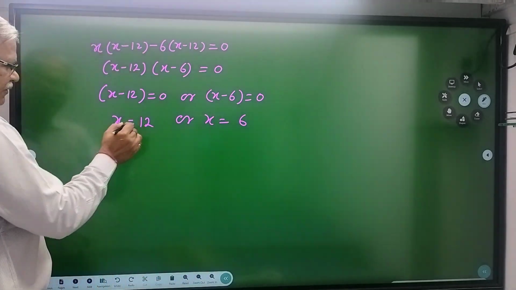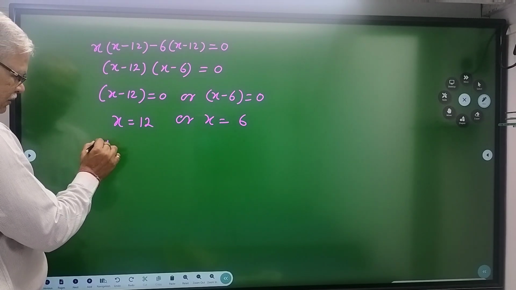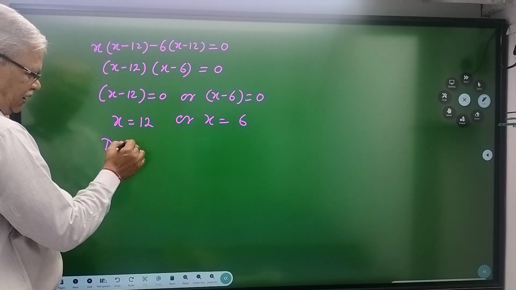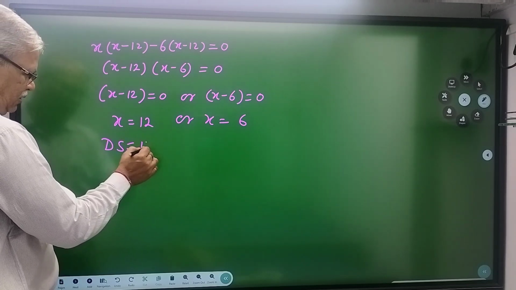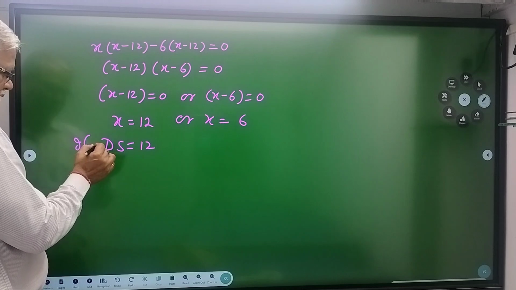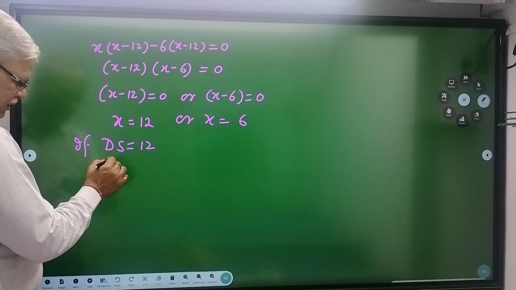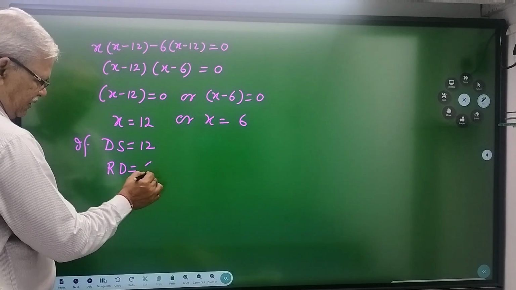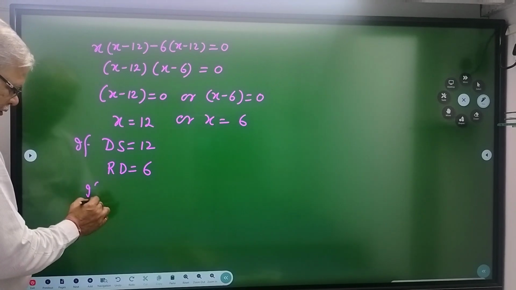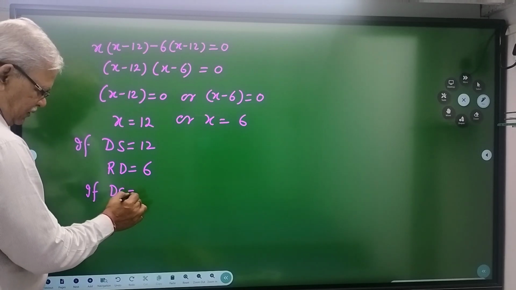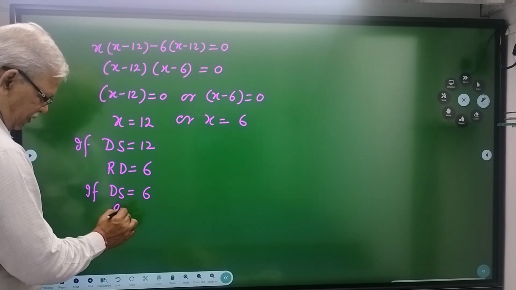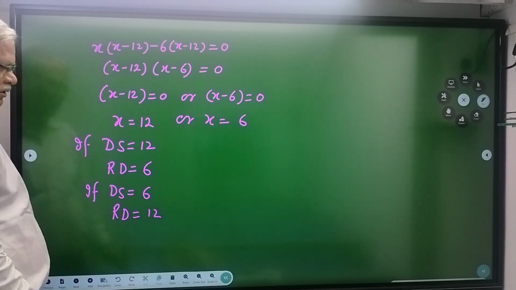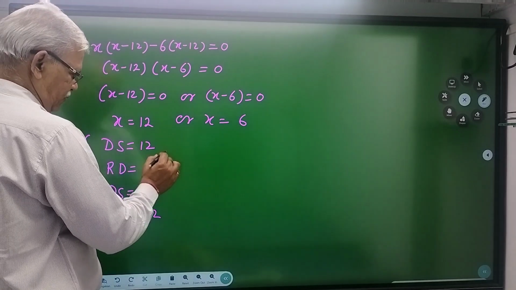Here, x we have considered, that is DS. Okay. Then now see, if DS is 12, then RD will be 6, and if DS is 6, RD will be 12. This will be the answer.